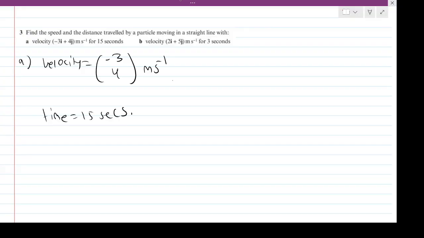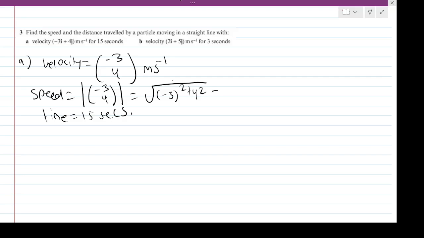Okay, so firstly we need the speed. Well, the speed is the magnitude of velocity. So the magnitude of this vector, minus 3, 4. If we did root of minus 3 all squared, add 4 squared, if I did that in my calculator, that would get me 5, and that'd be 5 meters per second.